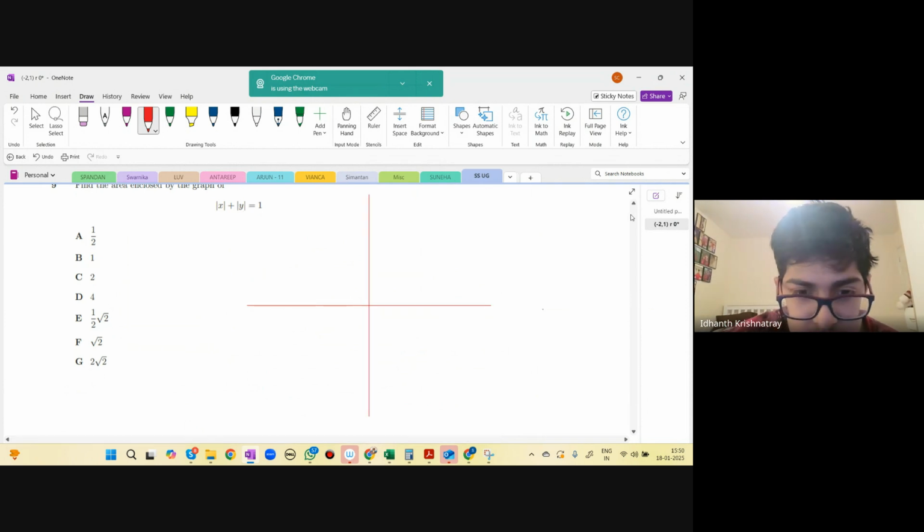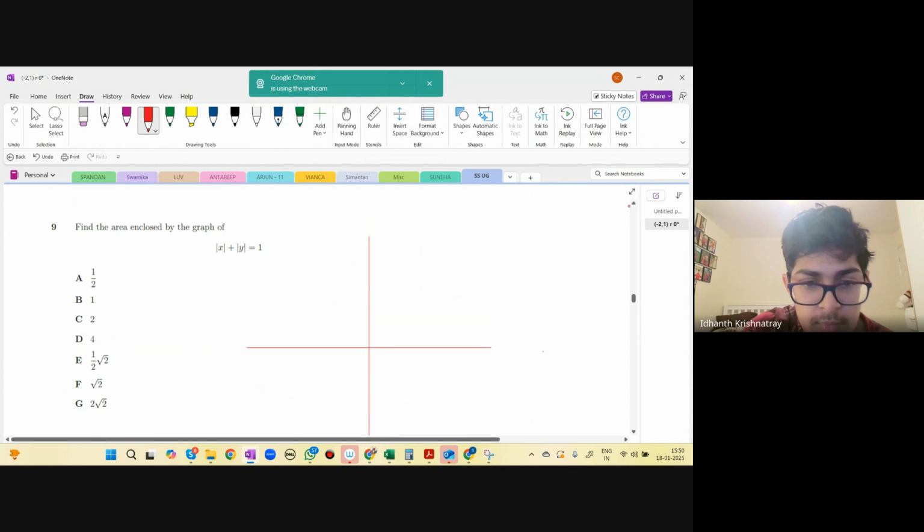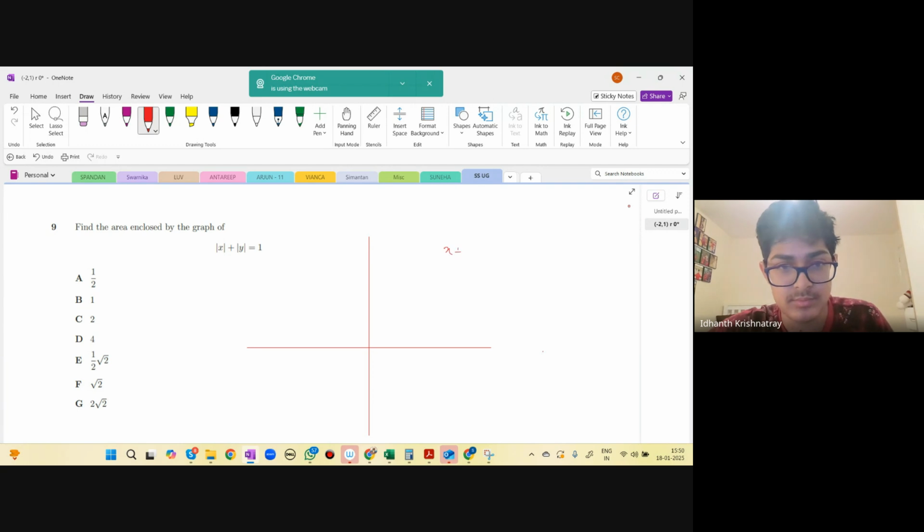Okay. Area enclosed by the graph. Right? So when x is 0, y is 1, so 0 comma 1.